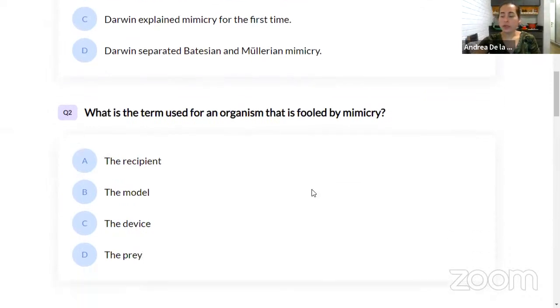Now, second question. Ricardo, could you please read it? What is the term used for an organism that is fooled by mimicry? Okay, great. So, I think it's A. Recipient, yes. Okay, what about the rest? So Evelyn says A, 2.